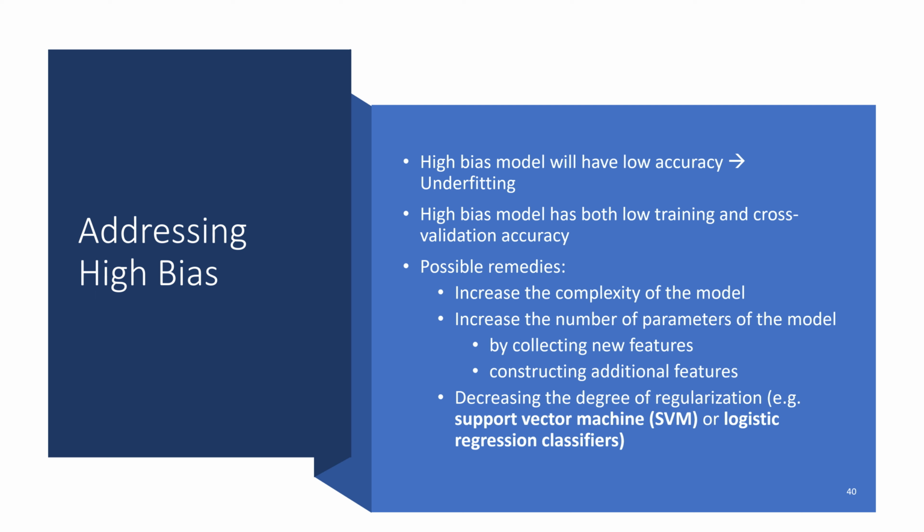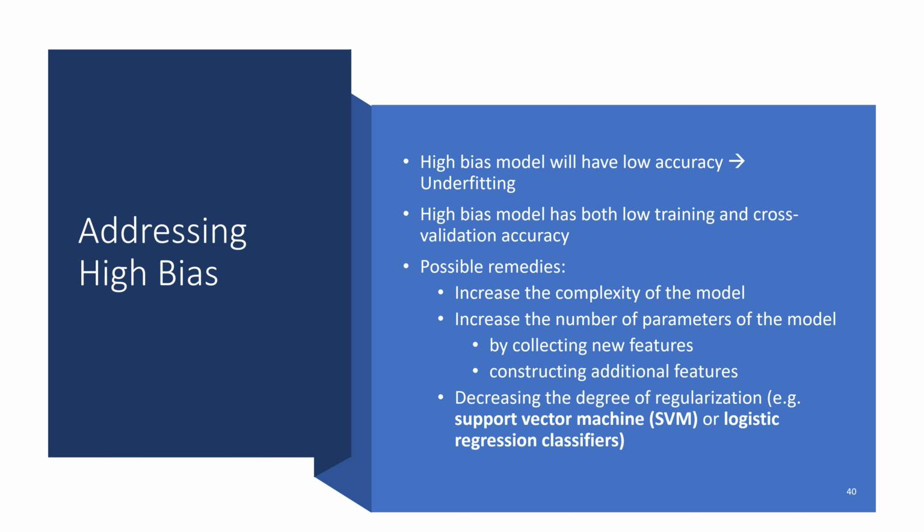So we learned about all these different scenarios regarding high bias and high variance. What can we do to address them? The high bias model will have low accuracy, that's underfitting. A high bias model has both low training and cross-validation accuracy. So what can we do to solve this problem?